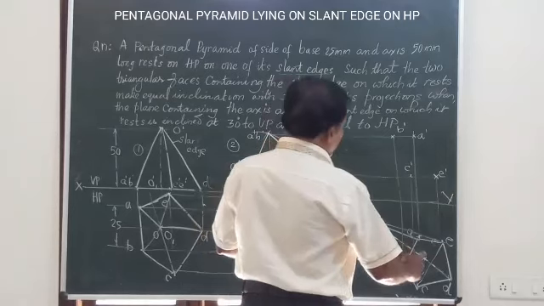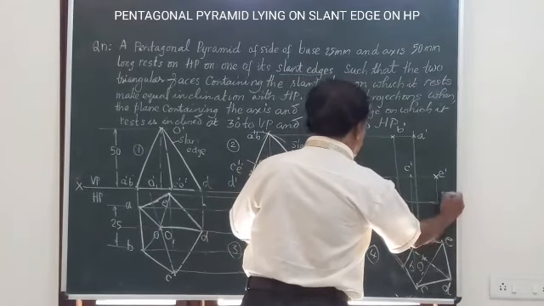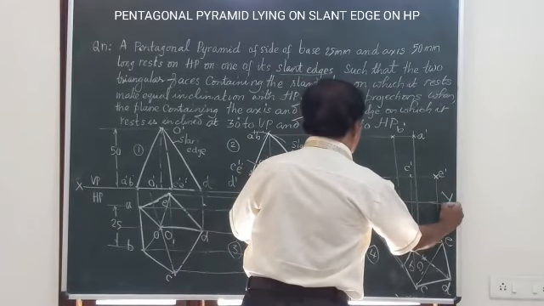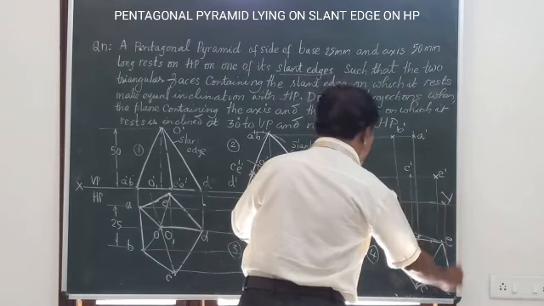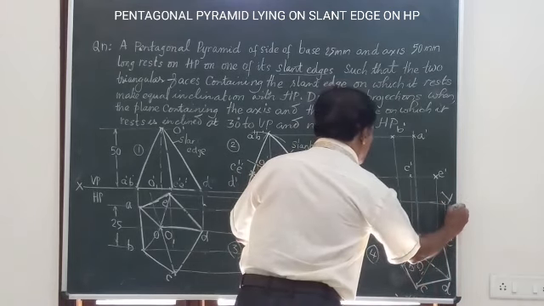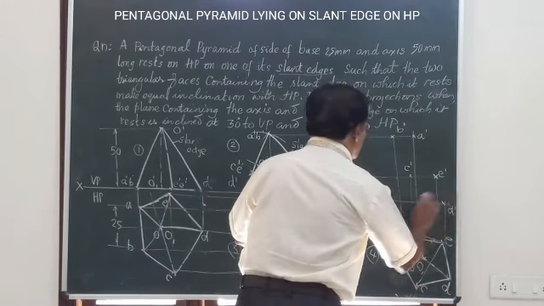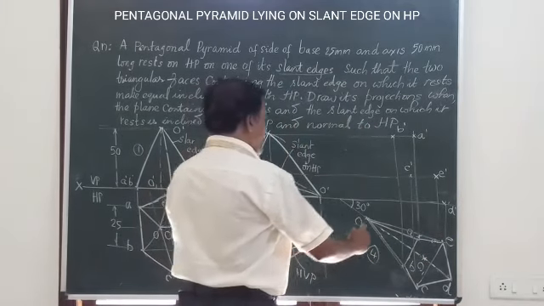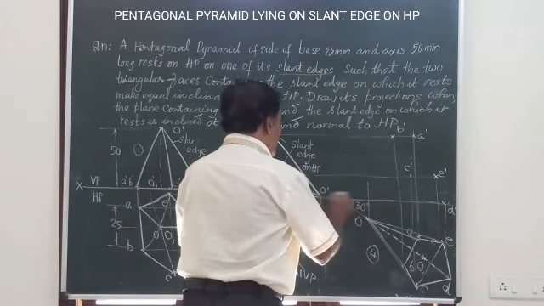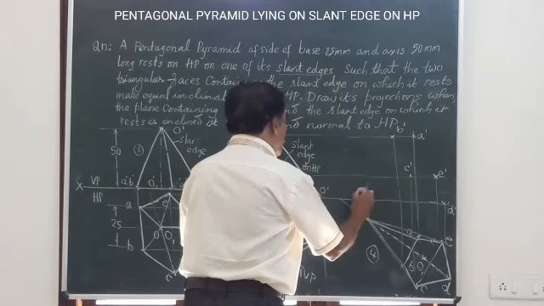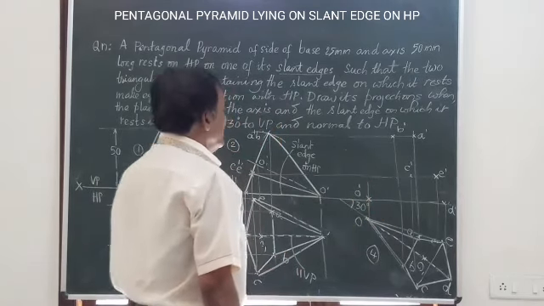We got A dash, B dash, C dash, D. D is at the extreme end. So maybe somewhere here you will get D. D dash I will mark. Then vertex. The vertical line drawn from here, the horizontal, they intersect here. This will be our O dash, the vertex in the front view.